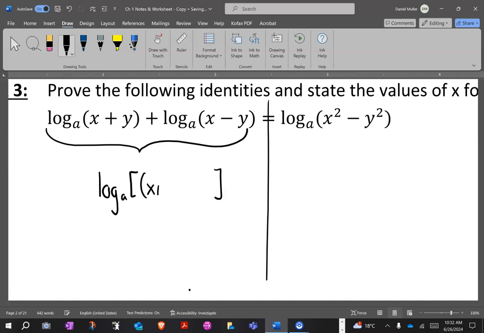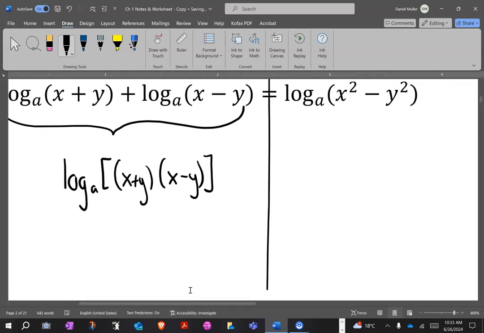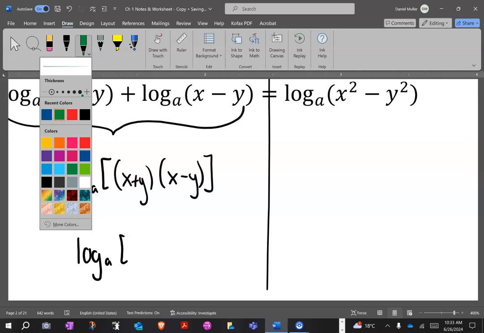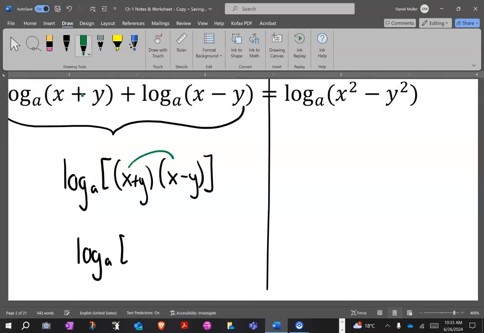So this is an x plus y times x minus y. So this is being multiplied, and then I can take this and expand it or FOIL it. So I can go x times x, x times negative y, y times x, and y times negative y.